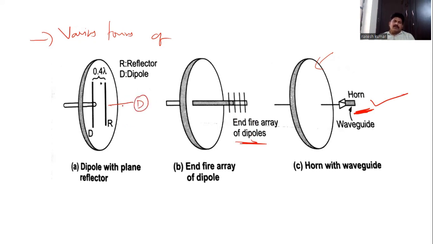These are the different types. The primary antenna is the one which excites the reflector.